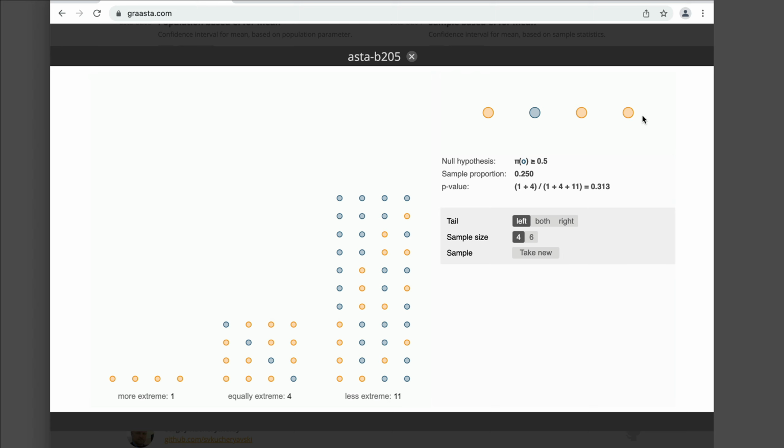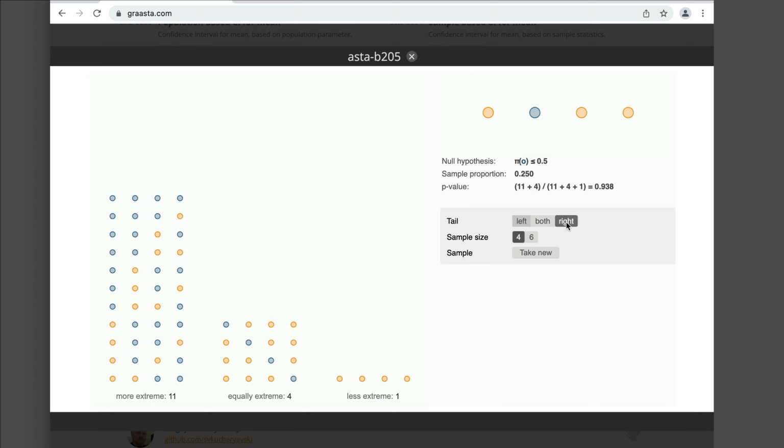So it means that my sample is not that extreme for this population. This outcome is quite possible, quite likely. So I cannot reject the null hypothesis in this case, right? And then if you change the details, you can see that what you had as less extreme, now it becomes more extreme. And what you had as more extreme, it becomes less extreme, right?